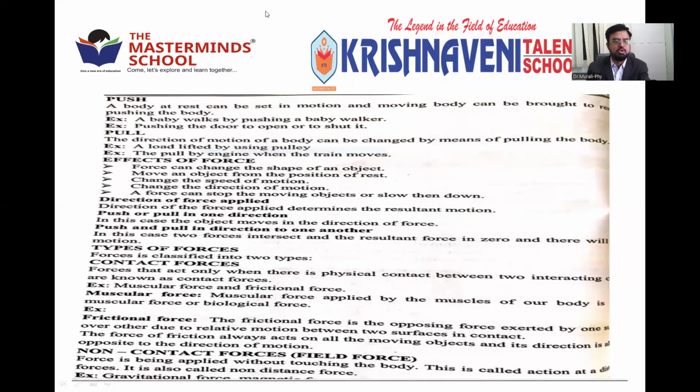You can write what is the push, what is the pull as point number 5, point number 6, and the 7th is about the effect of force. All 4 effects are there: change of shape, change of size, change of speed, change of direction. Right? So the direction of force applied, push or pull in one direction. So this is completely about the force.